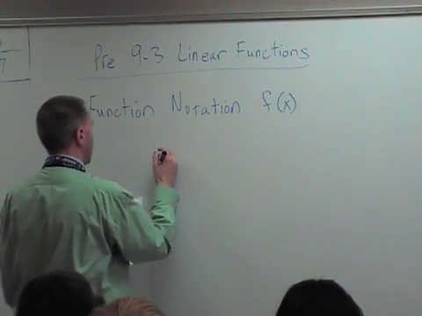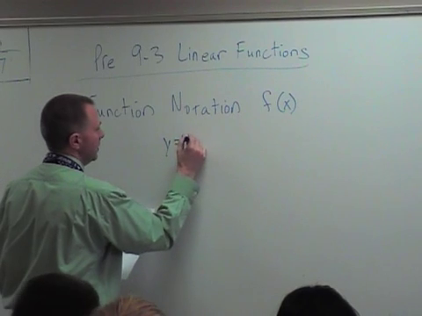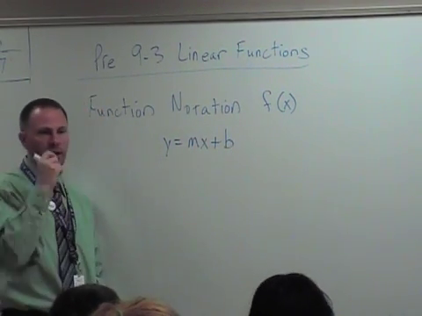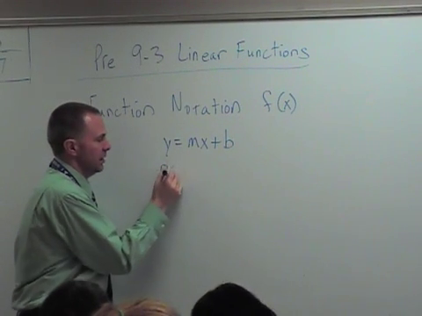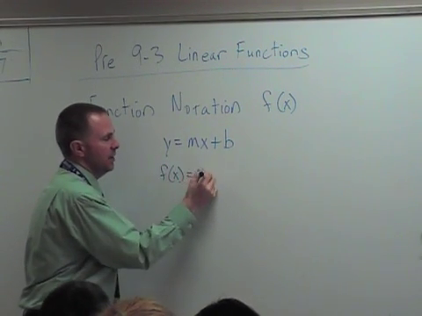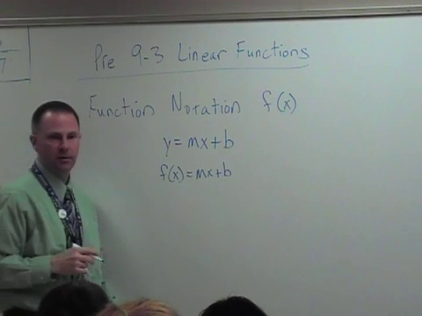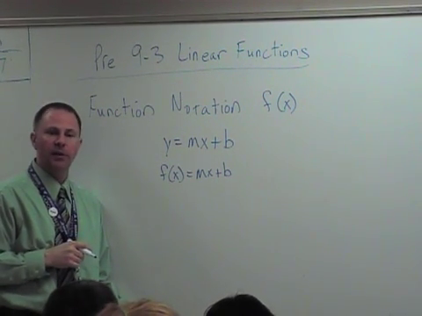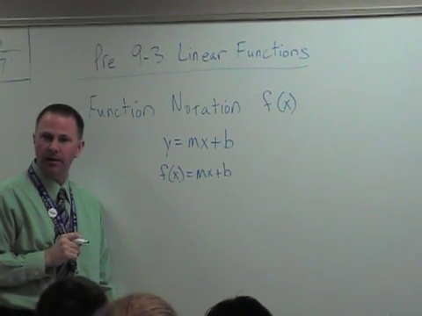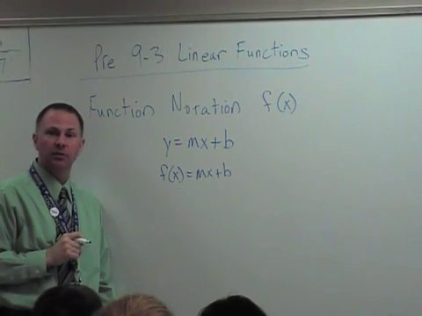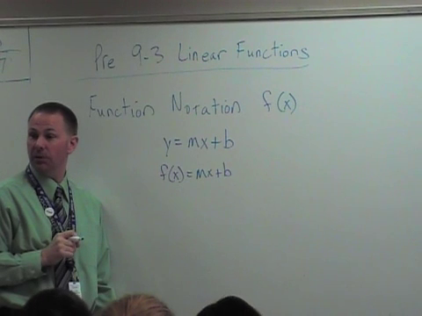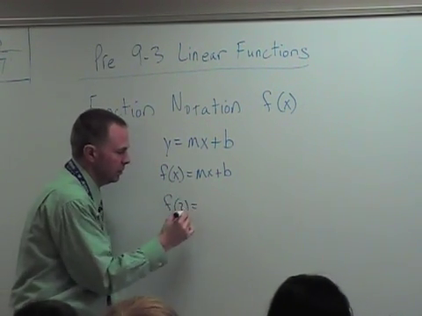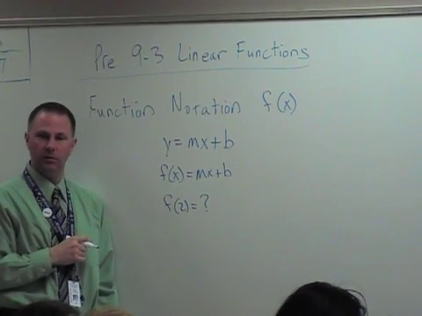All right, so just like what I said, your slope-intercept form, y equals mx plus b, we would write in function notation like this: f of x equals mx plus b. It's exactly the same thing. If I wanted to know the value of y when x is 2, this is what they would say: what is the function when x is 2?